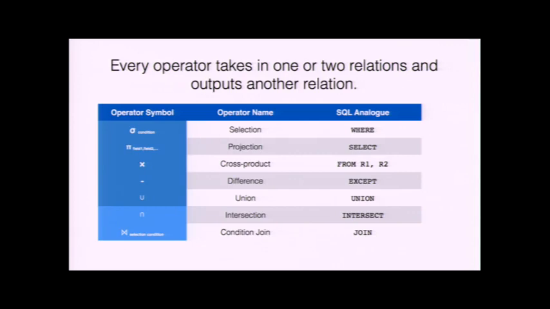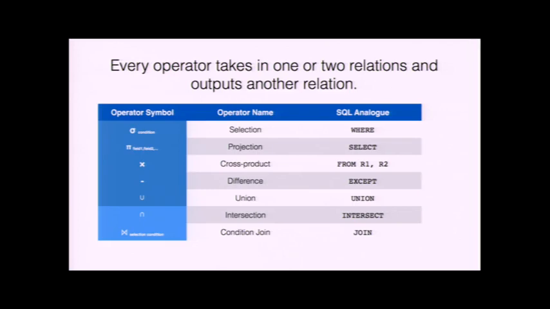We have the project operator, which projects some attribute out of a relation, similar to the select in SQL. There's the cross product, which is essentially an inner join. There's the difference operator, which is similar to the except operator in SQL, the union, intersect, and then there's also a conditional join butterfly symbol, and that's essentially the join.